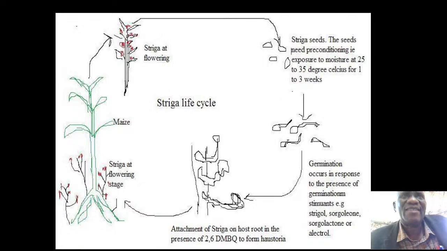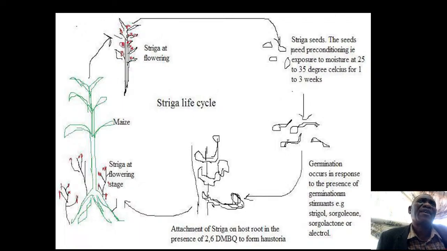Preconditioning is the exposure of the Striga seeds to moist conditions, probably for a period of about 1 to 3 weeks, depending on the strains.